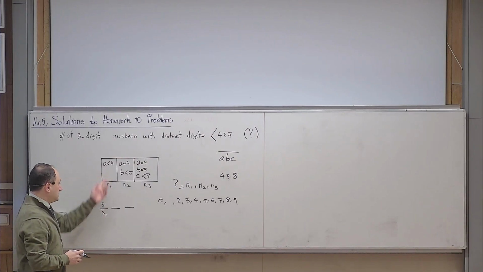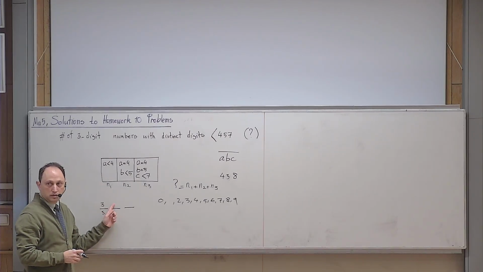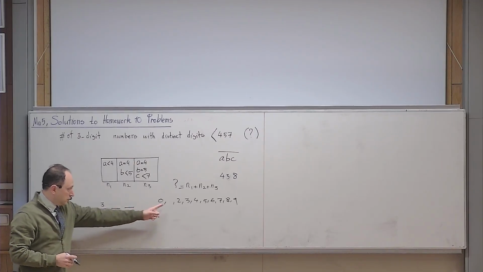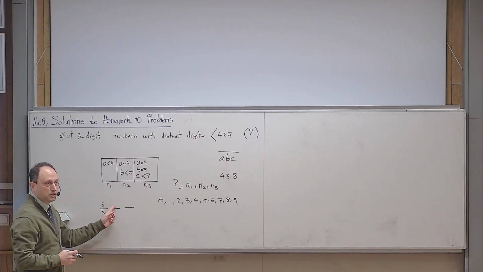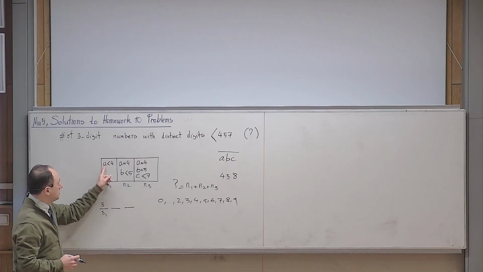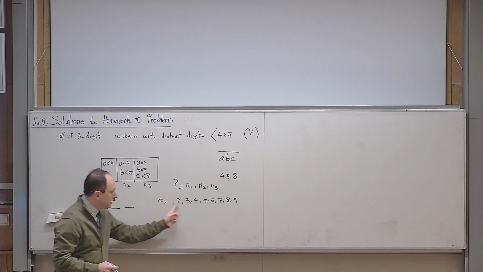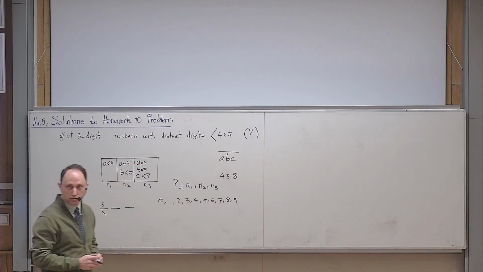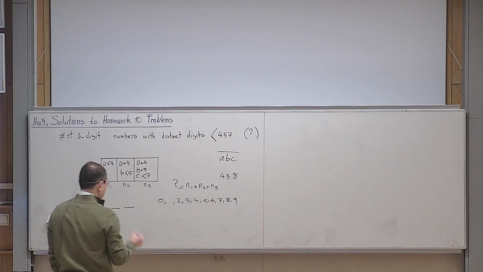Now, is there any constraint here? Yes, 1 is not in my list. So how many options are left here? Every one of these numbers can be chosen here, because you see you don't have any constraints on B and C. Okay? So how many options are available here? Any number in this list now can be chosen. Do you agree with me or not? So how many options are there? 9.